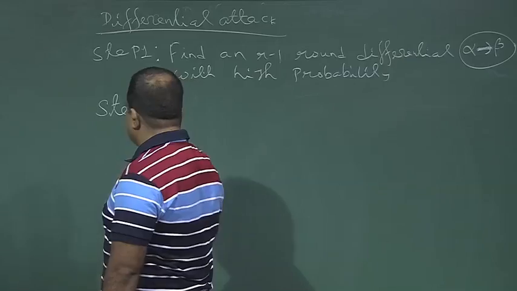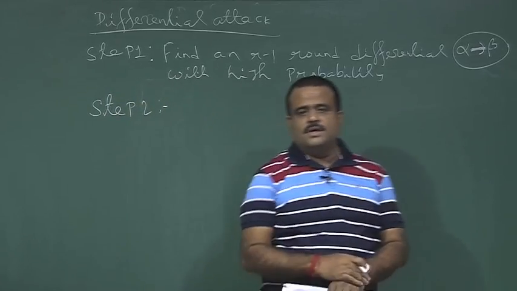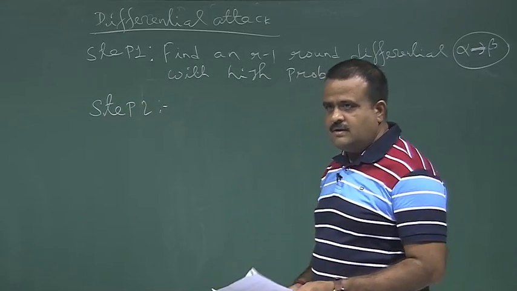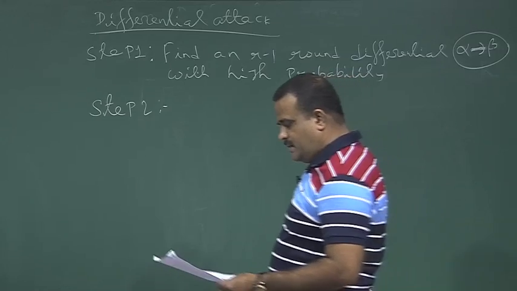Step 2. Once we have this alpha beta, we can think of finding the Rth round key, K_R.